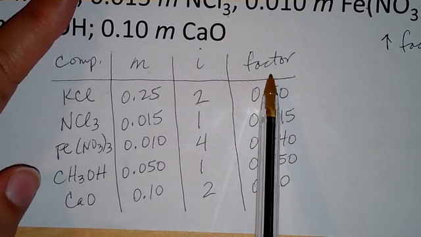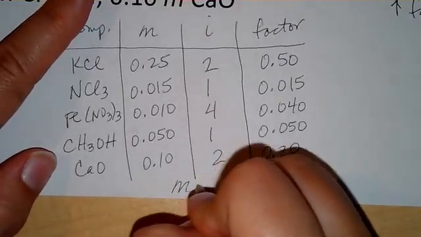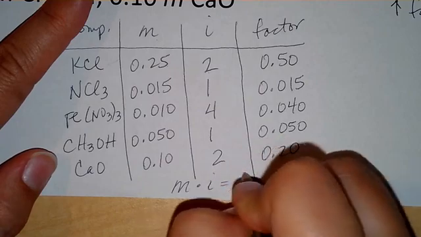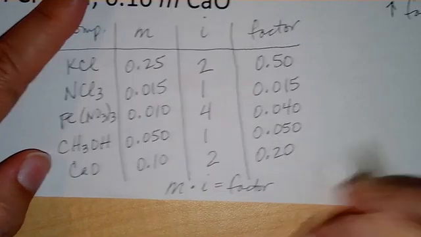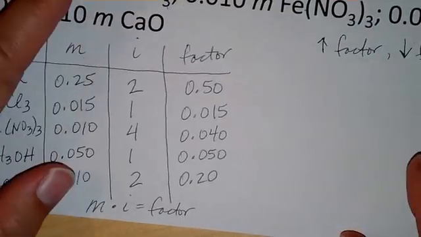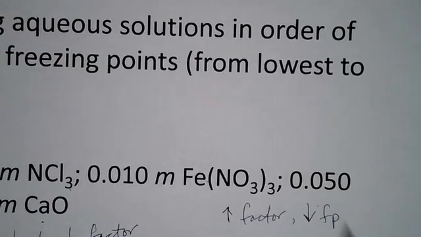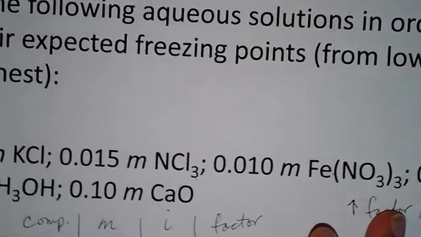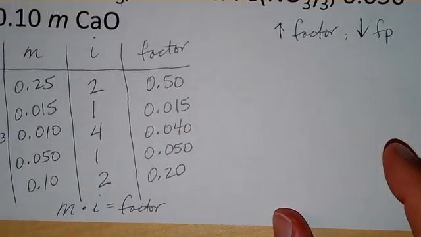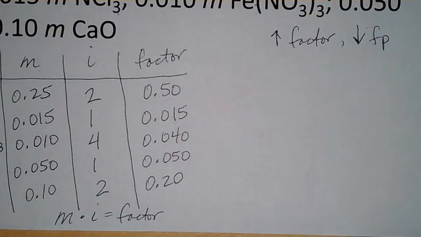Since freezing points decrease the more concentrated the solution, we're going to start with the factor that is the largest. That will drop the freezing point the most. So if we look at our values, obviously the KCl has the largest factor. So I'm going to call this one number 1.